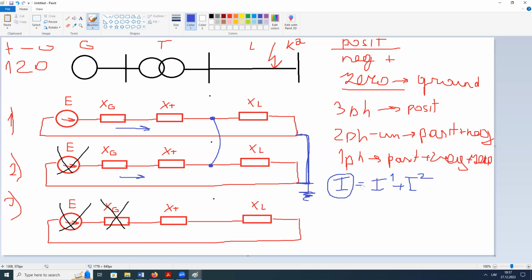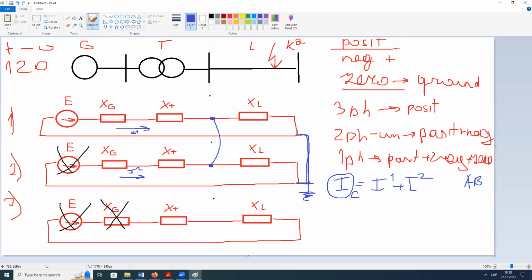What phase current do we get? In this situation we get the special phase, if we have an A, B fault. So here we go with the C phase. The current will be equal to E1 plus E2.